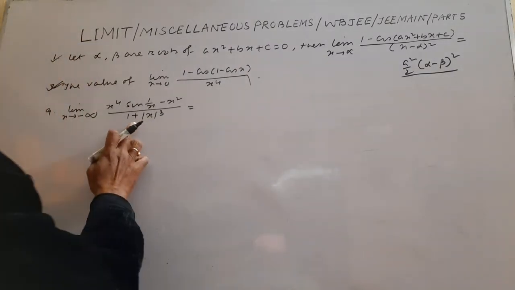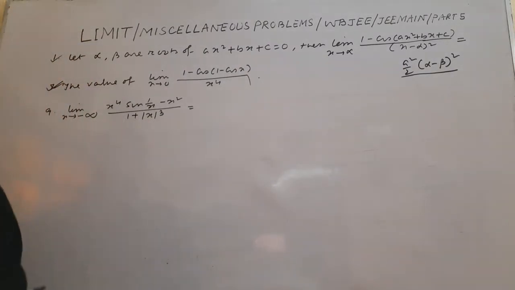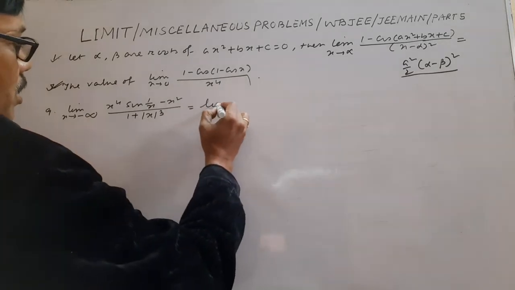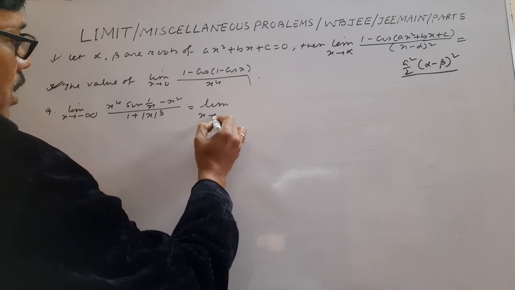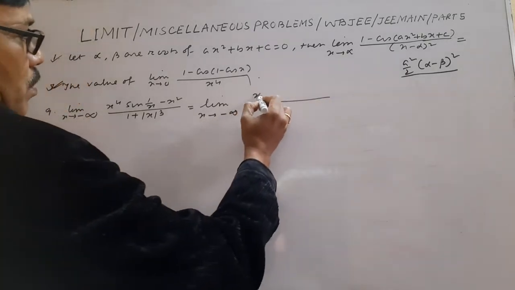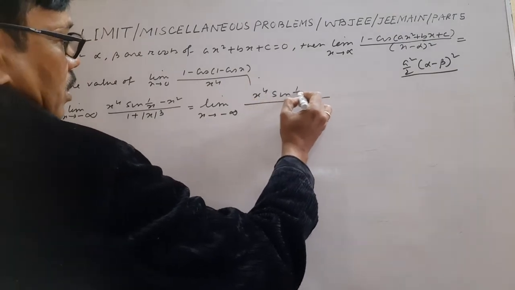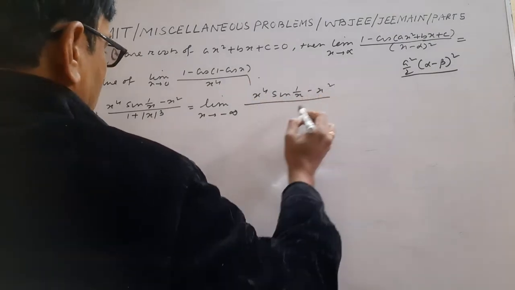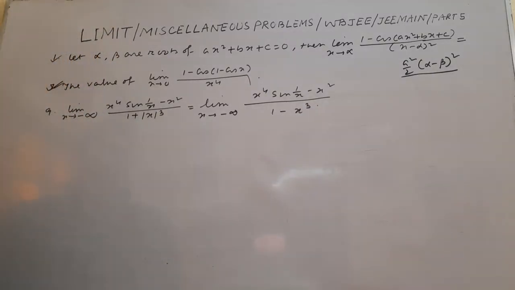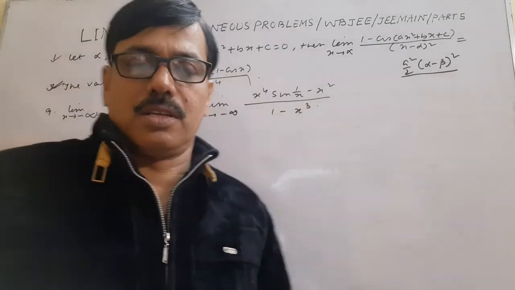Now x is negative, so mod x is minus x, as x tends to minus infinity. So x to the power 4 sine 1 by x minus x square (1 minus x) cube. So mod x is minus x.